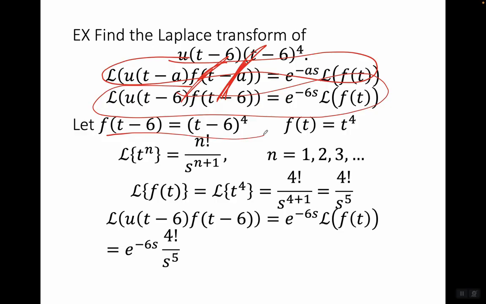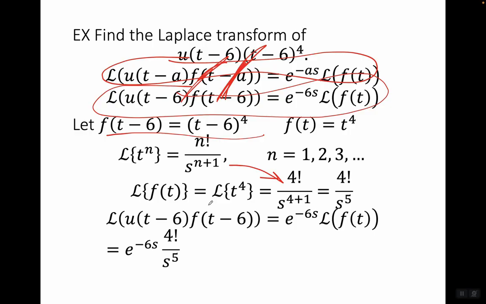We know how to find the Laplace transform of t to the 4th. The Laplace transform of t to the n is n factorial over s to the n plus 1. So the Laplace transform of f of t, in other words the Laplace transform of t to the 4th, is 4 factorial over s to the 4th plus 1, in other words, 4 factorial over s to the 5th.